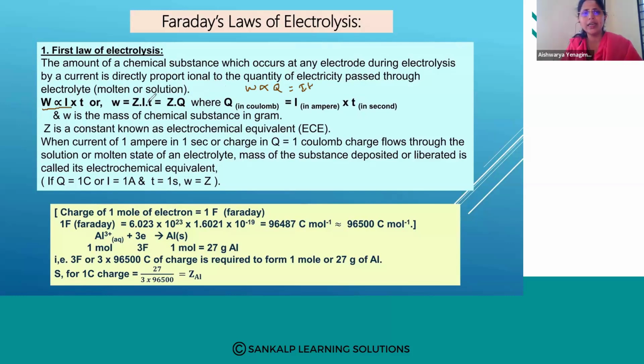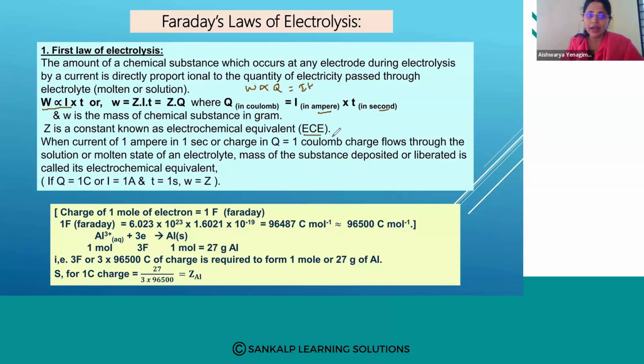Remove the proportionality sign, introduce a constant, and the constant introduced here is Z. So W is equal to Z into I into T, where Q is given in coulombs, the unit for charge. The unit of current is ampere, and the unit of time is second. Here W is the mass of the chemical substance, and Z is a constant known as electrochemical equivalent, abbreviated as ECE.